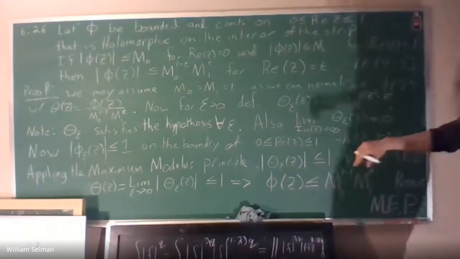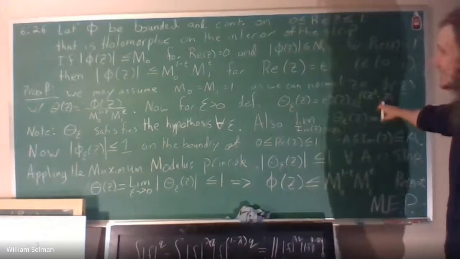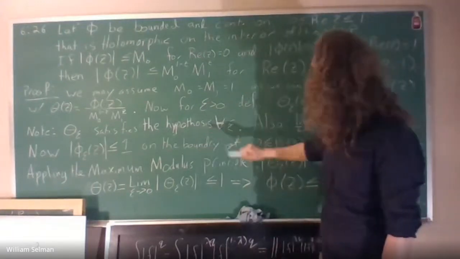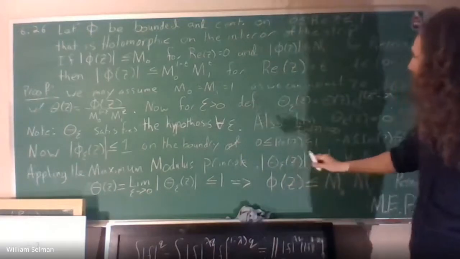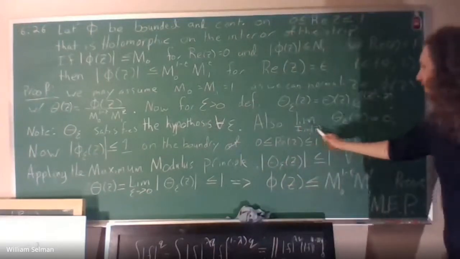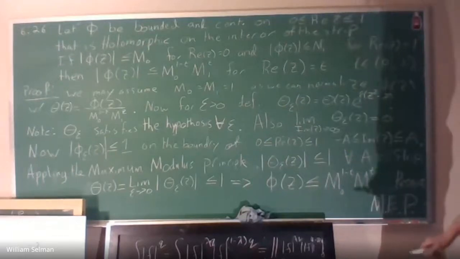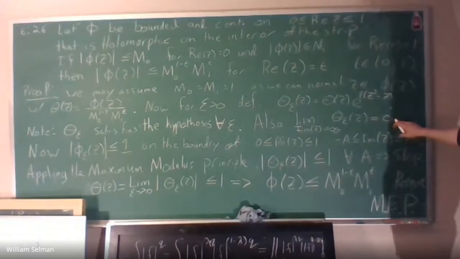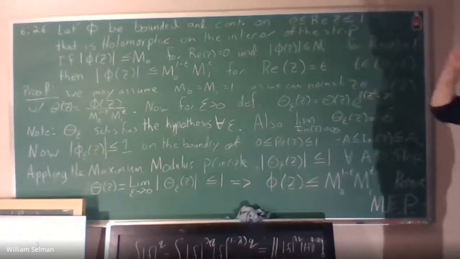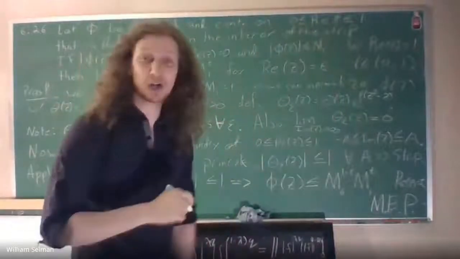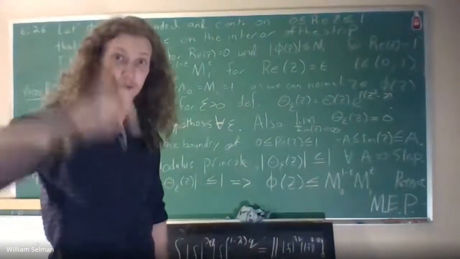Because this still meets the hypotheses of our lemma for all epsilon, we now get to play around with the properties of it by taking the limit as the imaginary part of z goes off to infinity, which we know becomes 0. And the reason that it becomes 0 is that when you square a complex number, the real part becomes arbitrarily large in magnitude as the imaginary part becomes arbitrarily large.